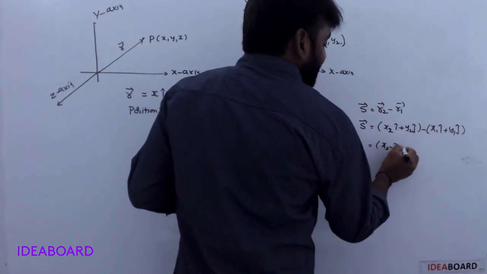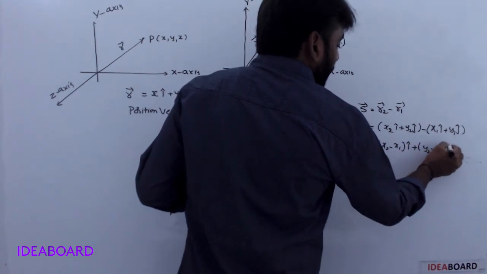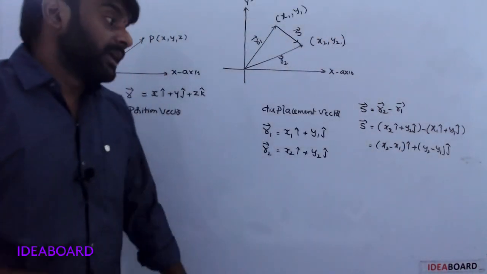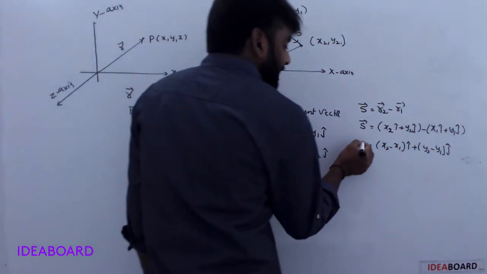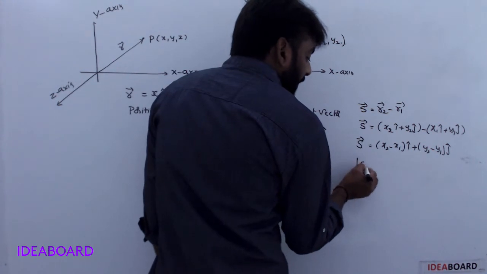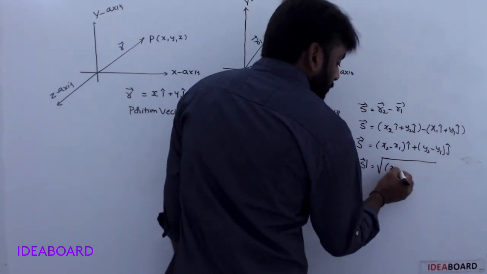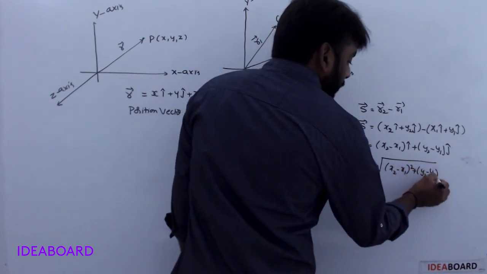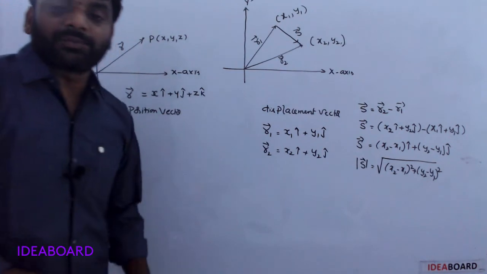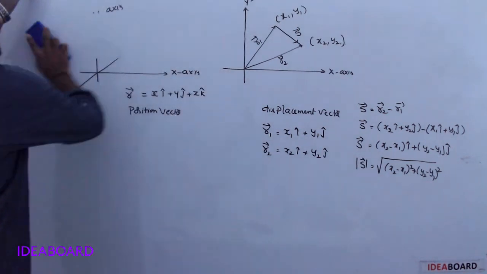So (x2 minus x1) i cap plus (y2 minus y1) j cap. That is S bar. Okay. Magnitude of S bar is equal to square root of (x2 minus x1) whole square plus (y2 minus y1) whole square. This one is the displacement vector. Understood?